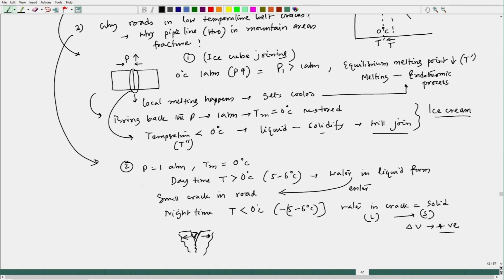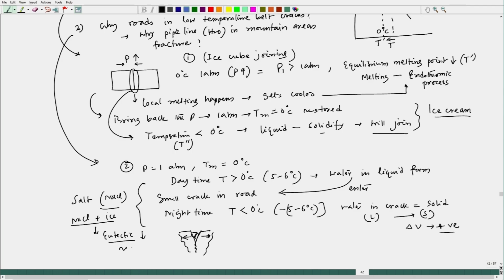Okay. And of course, this can be avoided. So, you see that sometimes we add salt, NaCl. So, NaCl plus ice, they try to form a eutectic, okay, and the temperature drops.